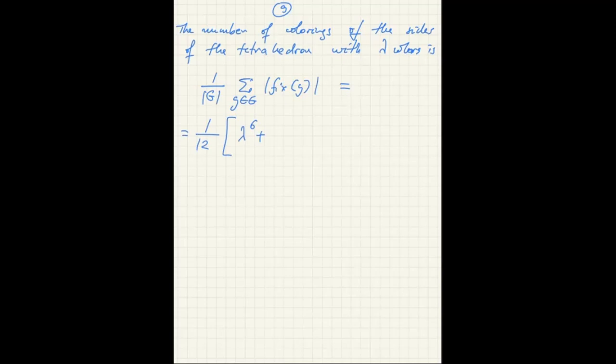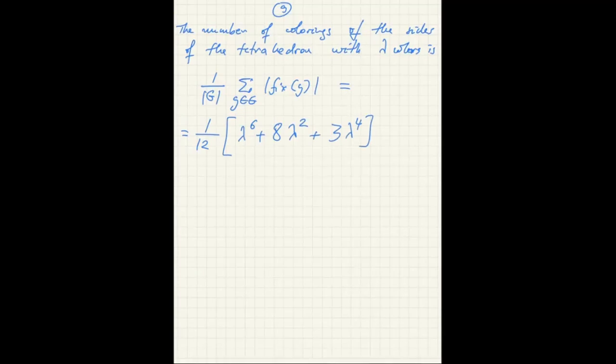Each cycle of length 3 gave us lambda squared, and there were 8 of them. And then we have 3 of the other ones, and we get 3 times lambda to the 4. Okay, you can rearrange them as you want according to their powers.